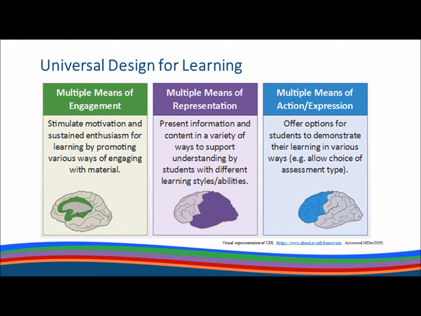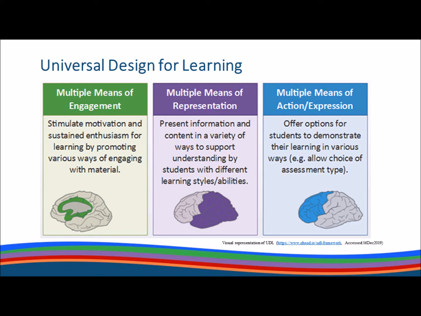At the basic level, UDL focuses on providing multiple means of engagement, as you see on the left side of the screen here. Examples of providing multiple means of engagement would be using technology and hands-on tasks. UDL also focuses on providing multiple means of representation.